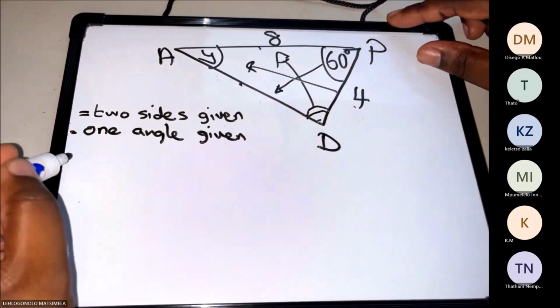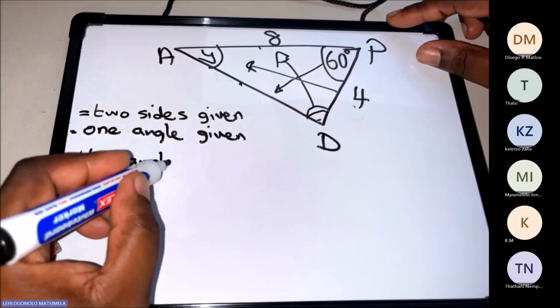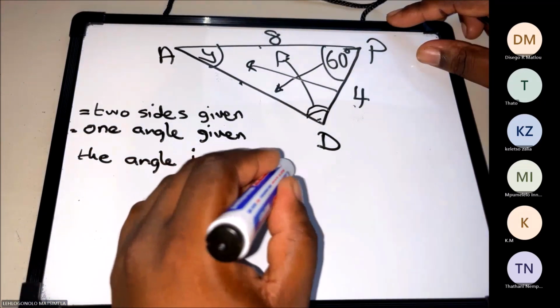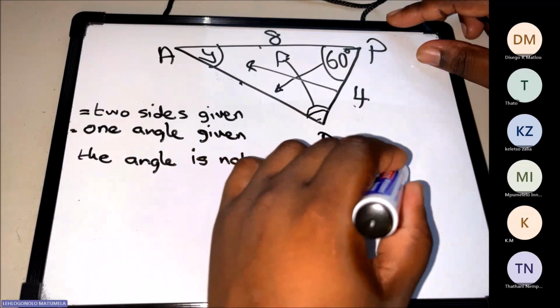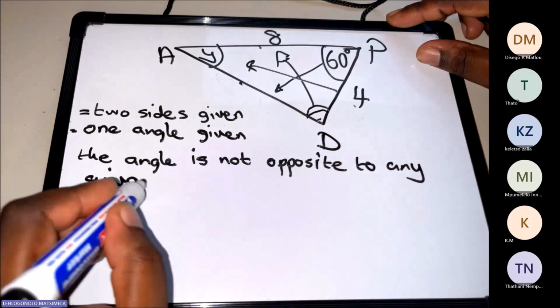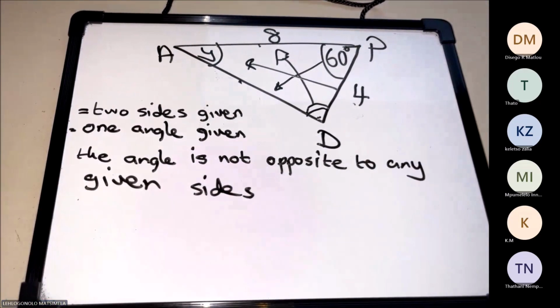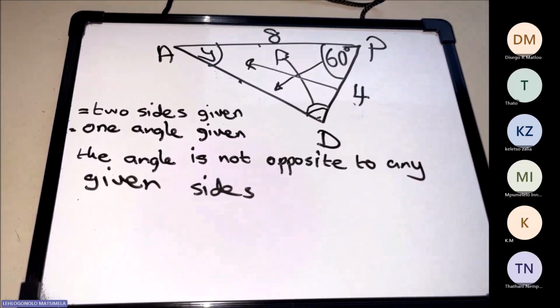The angle is not opposite to any given sides. Can you read my writings? Two sides given with one angle, okay?